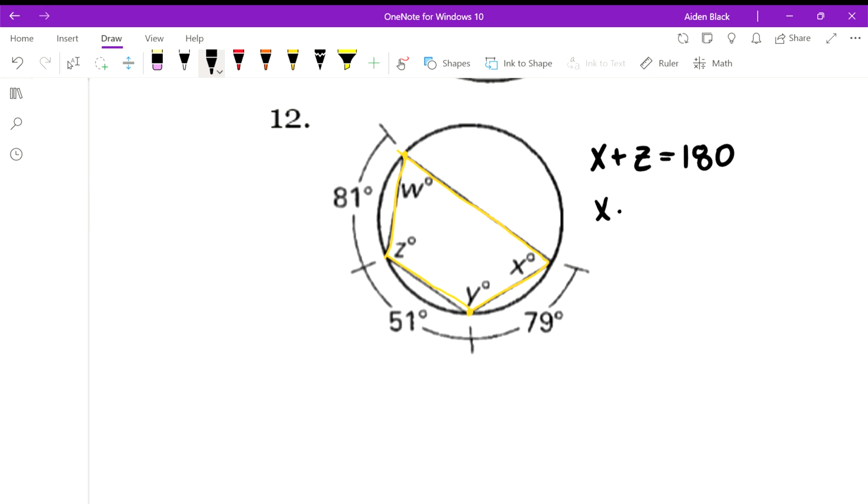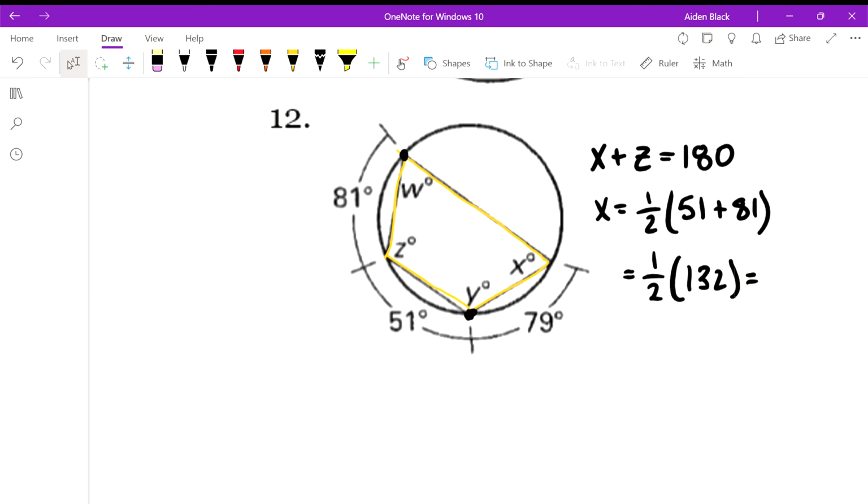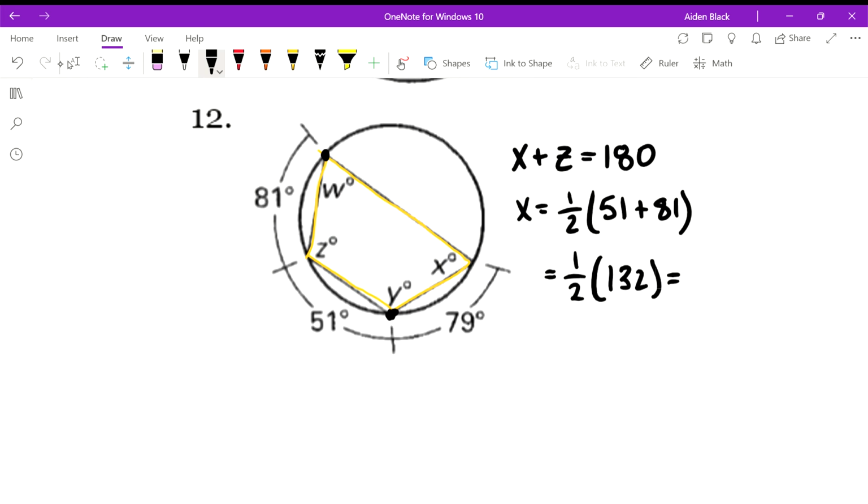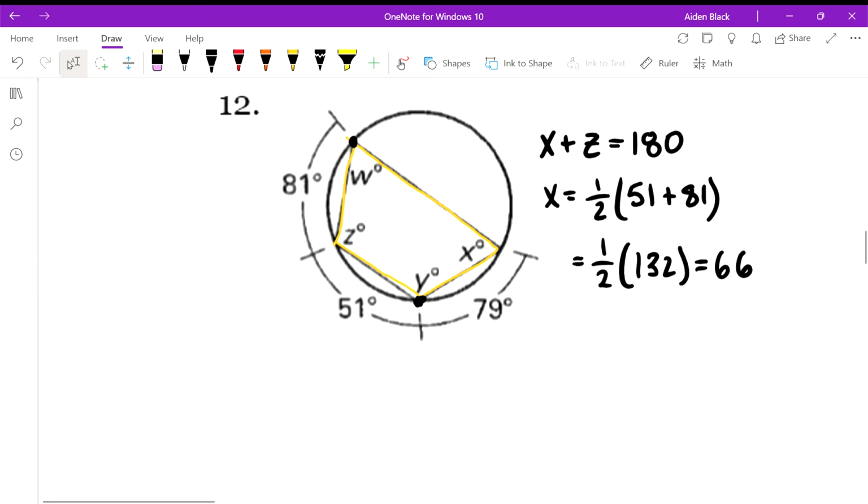But I also know that x is equal to 1/2 the sum of its intercepted arc, which is 51 plus 81. So x is equal to 1/2 of 132, which is equal to 66. Okay. So x is equal to 66.